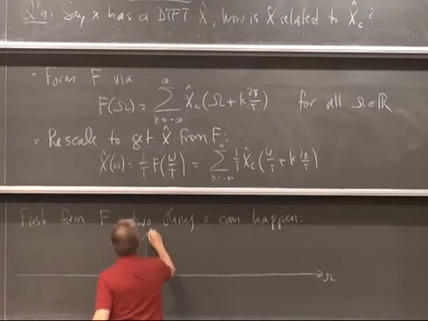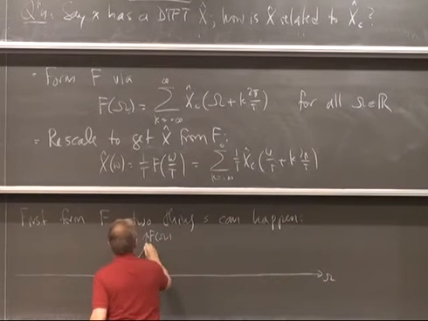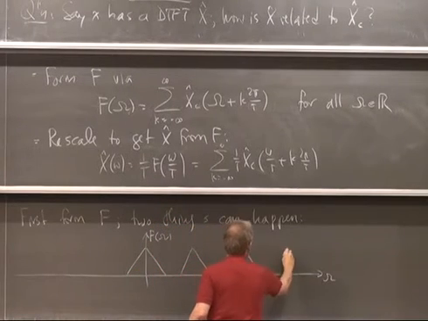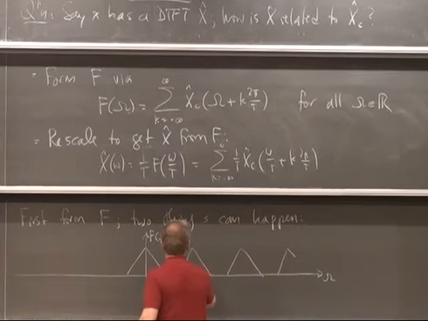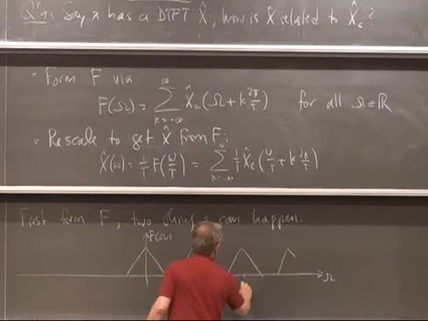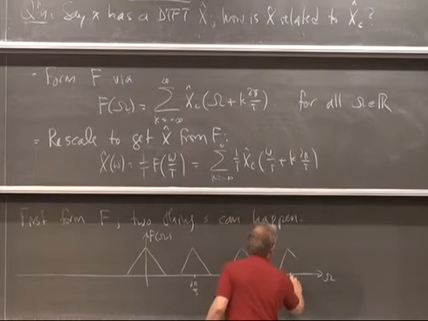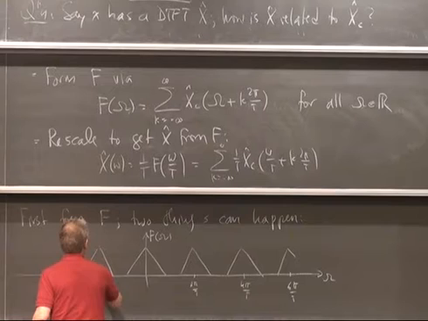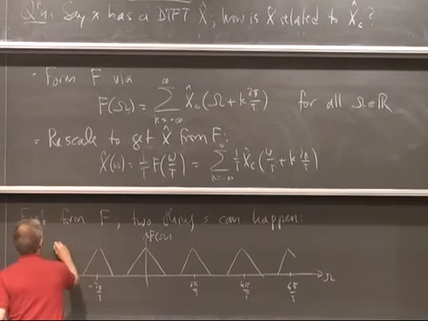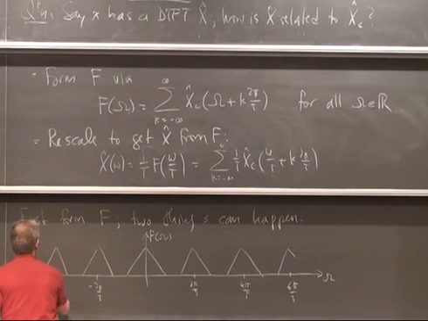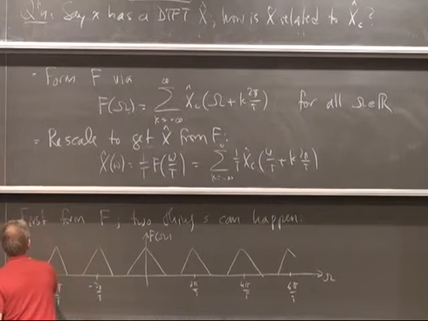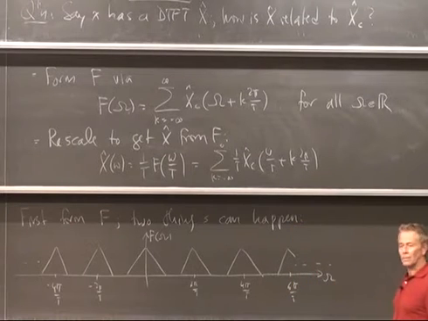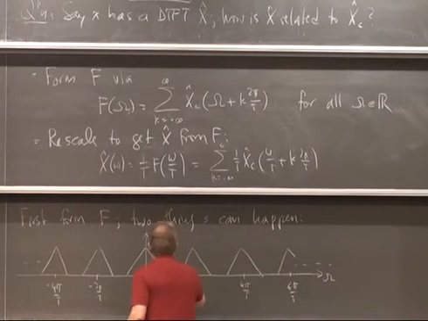F of omega looks like this. So this is going to be 2 pi over t, 4 pi over t, 6 pi over t, and the same thing happening over here. So this is minus 2 pi over t, minus 4 pi over t, and so on. And so pi over t is going to be right in here.